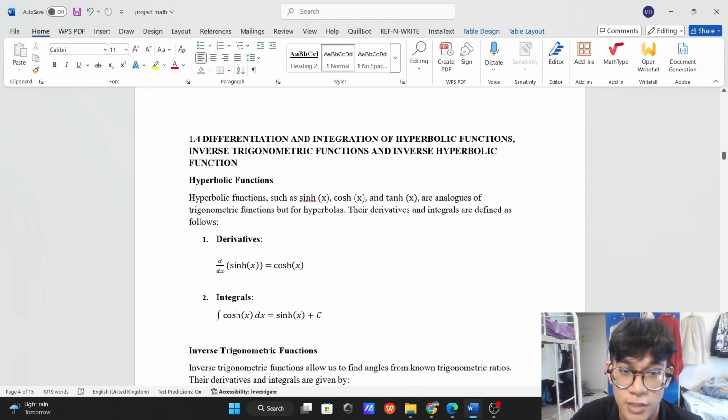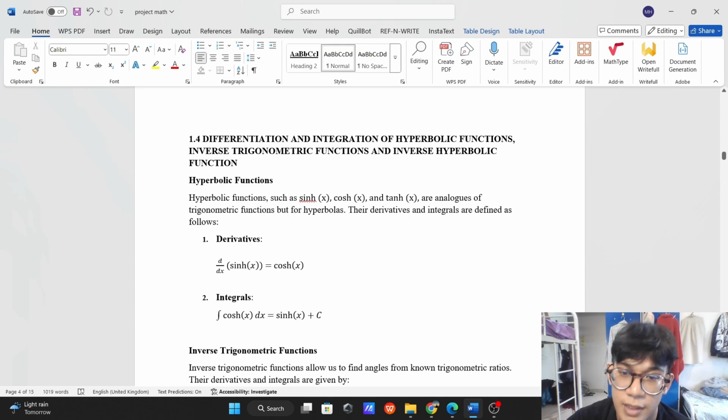1.4 Differentiation and integration of hyperbolic functions, inverse trigonometric functions, and inverse hyperbolic functions. So for the hyperbolic functions such as sinh x, cosh x, and tanh x are analogues of trigonometric functions, but for hyperbolas.